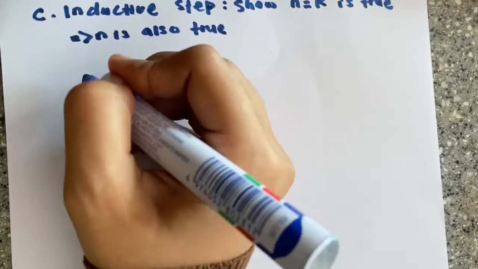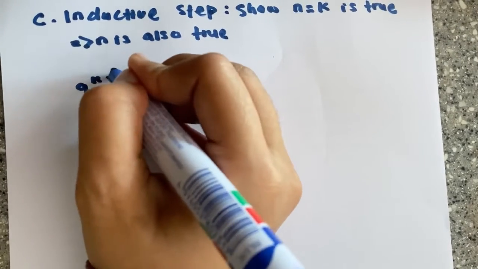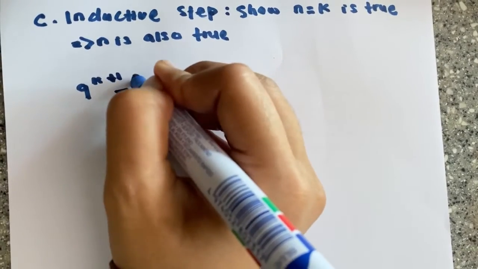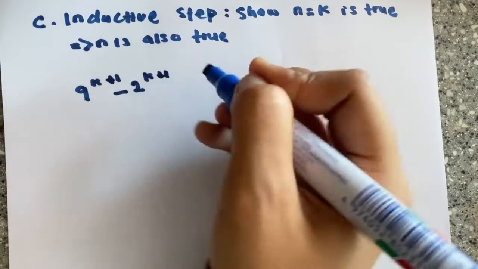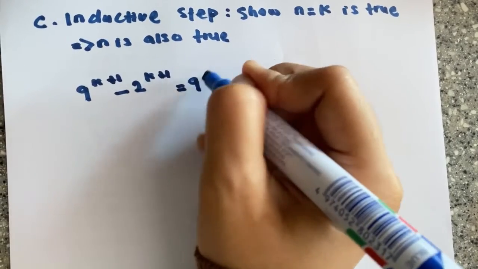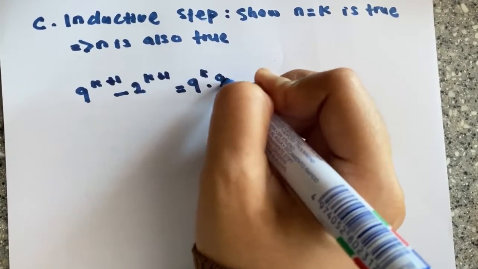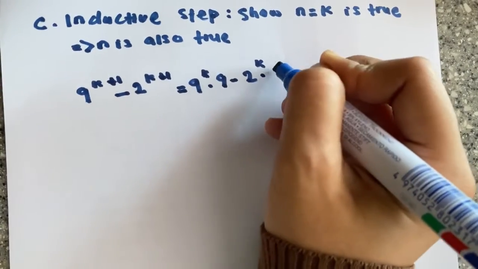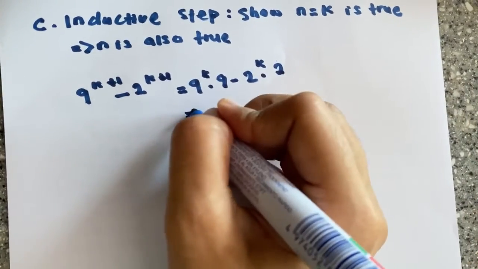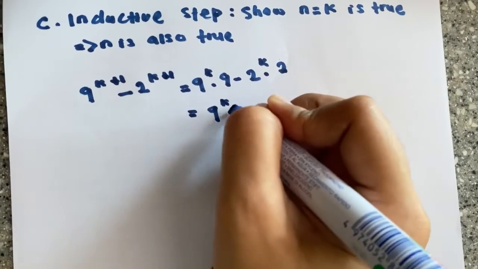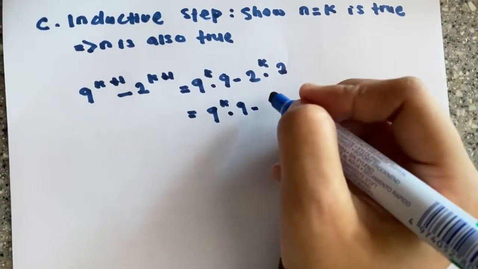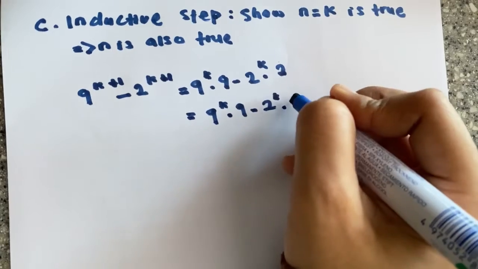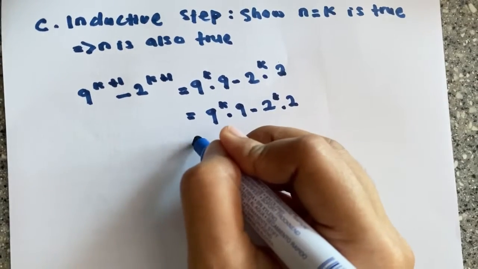9 to the power of k plus 1 minus 2 to the power of k plus 1 is equal to 9 to the power of k times 9 minus 2 to the power of k times 2.